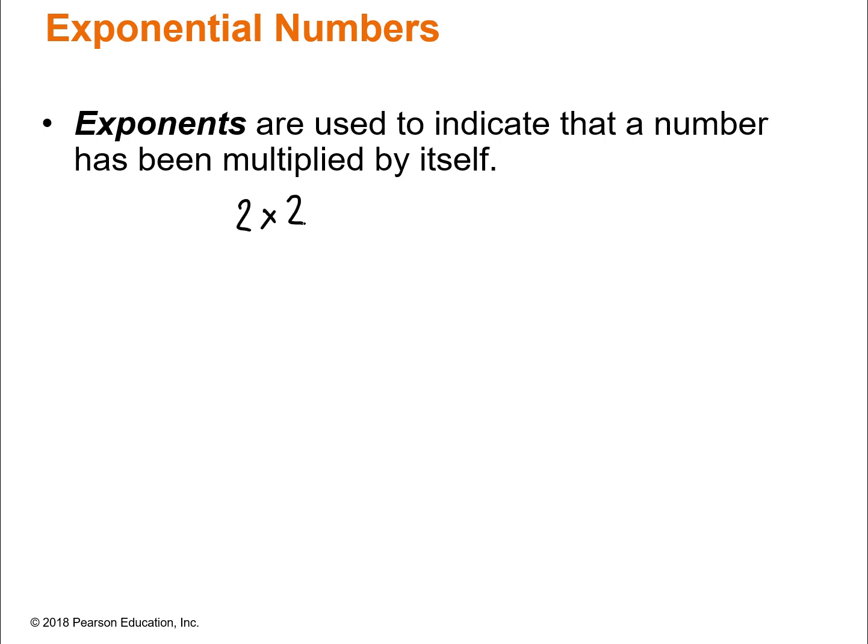Our 2 times 2 example, 2 squared, right? And to remind you again, with units, centimeters times centimeters, that's centimeters squared. So it can be a unit that is multiplied by itself. You've got an exponent there.